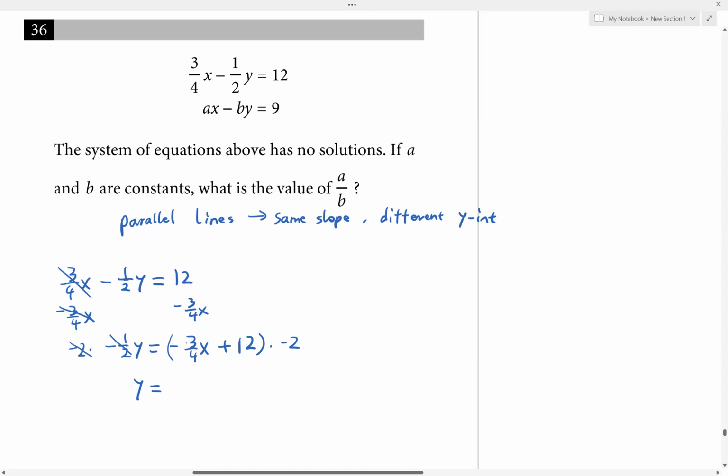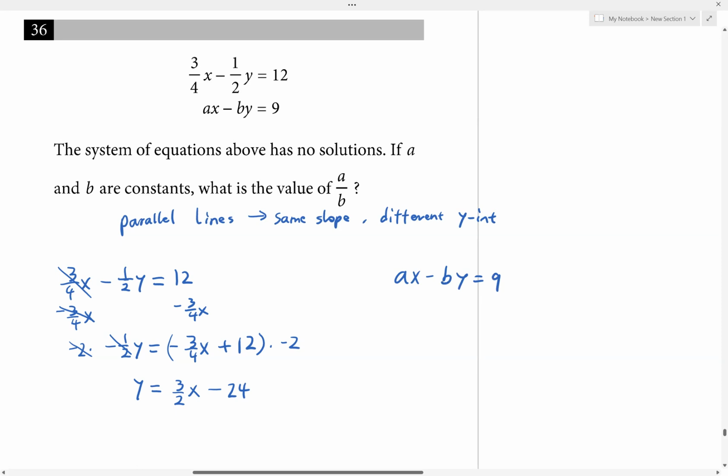Negative 3 over 4 times negative 2 will be positive 6 over 4, which is 3 over 2 when we simplify. Positive 3 over 2x, and 12 times negative 2 is negative 24. So after we rearrange, the first equation is y equal to 3 over 2x minus 24. All right. And then for the second equation, we have ax minus by equal to 9.